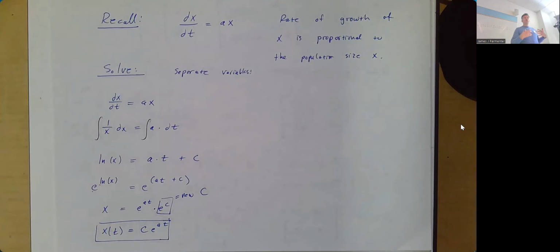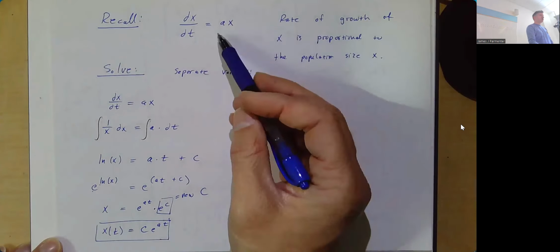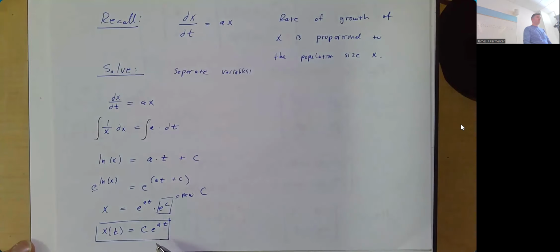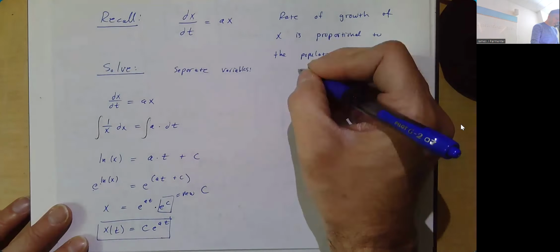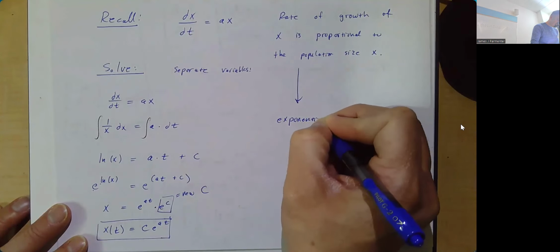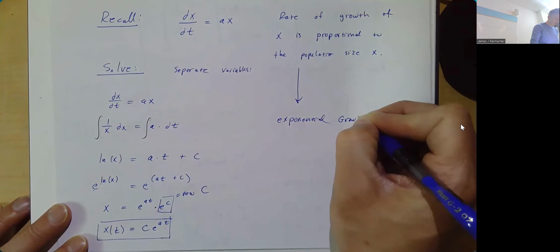So the thing I want you to really, really know about this is that when you have this sort of differential equation, where the rate of growth is proportional to the population size, that really means you have exponential growth. So this leads to exponential growth. I should be slightly more specific here.